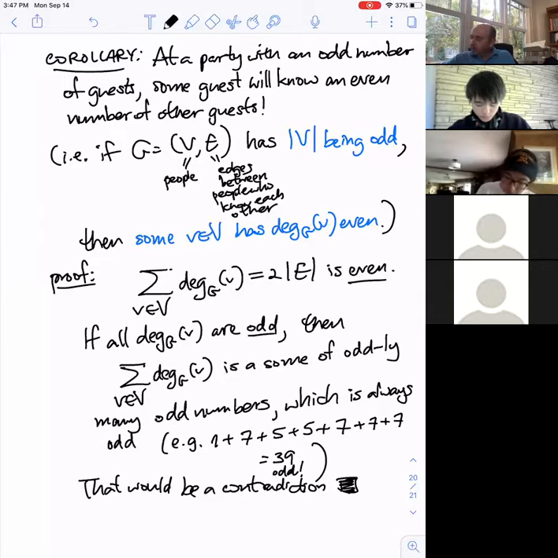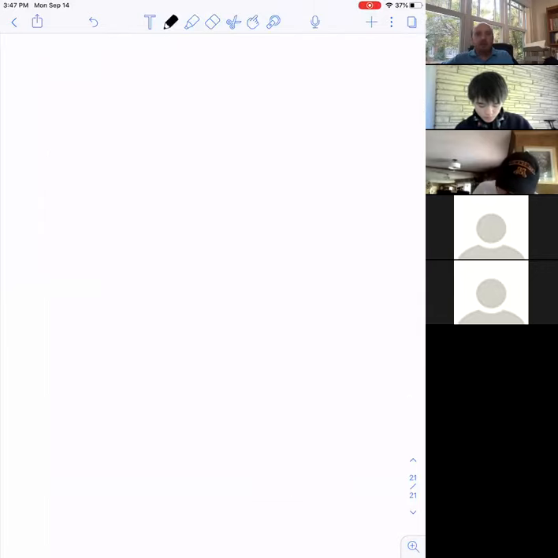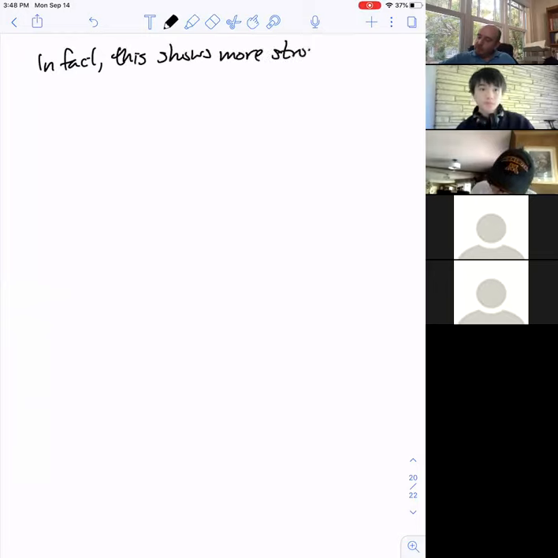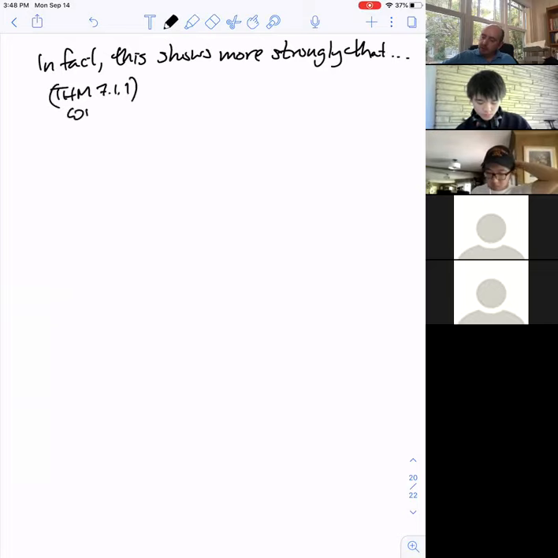In fact, let me point something else out that this shows. This is something that our book says explicitly. In fact, this shows more strongly the following. Okay, so this is theorem 711 in the book. Let's call it a corollary.